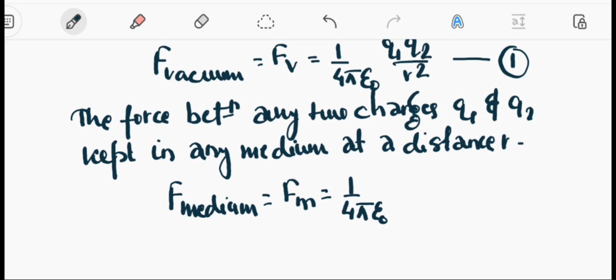Here we have taken it as epsilon naught, here we will take it as epsilon only. Q1 Q2 upon R square.